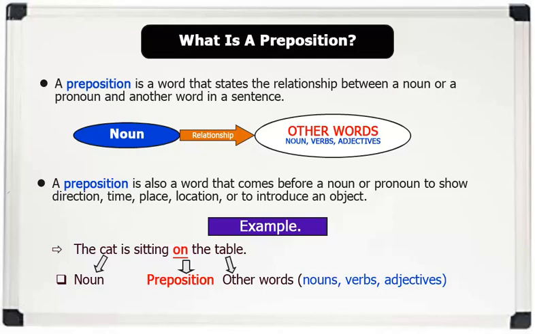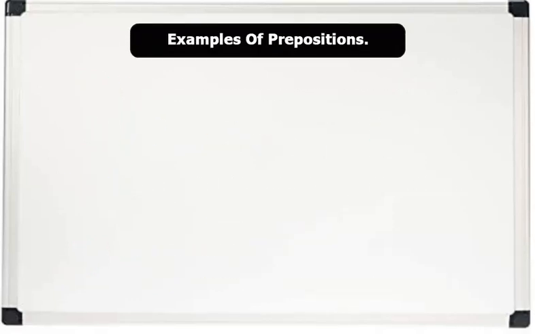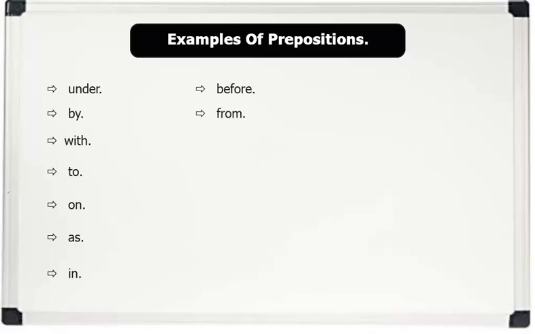Let's go over to examples of prepositions. Examples of prepositions. 1. Under. 2. By. 3. With. 4. To. 5. On. 6. As. 7. In. 8. Before. 9. From. 10.